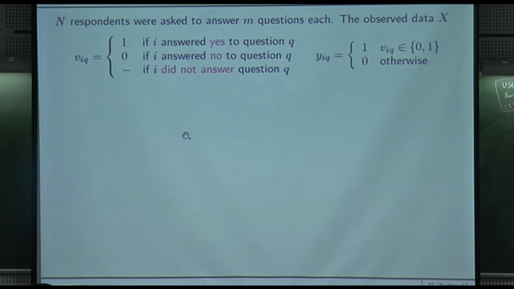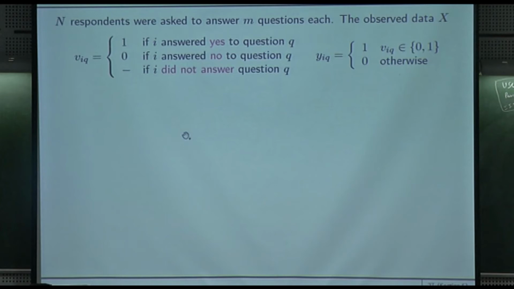Y_iq are the indicator functions which is equal to 1 if the person i actually answered question q, whether they answered yes or no, I don't really care, but they answered the question q. And it's equal to 0 otherwise.